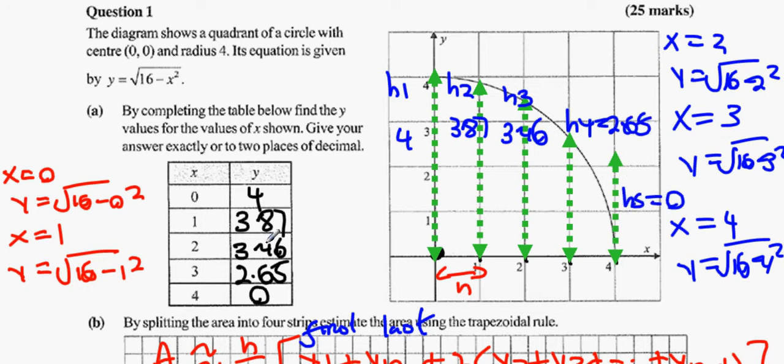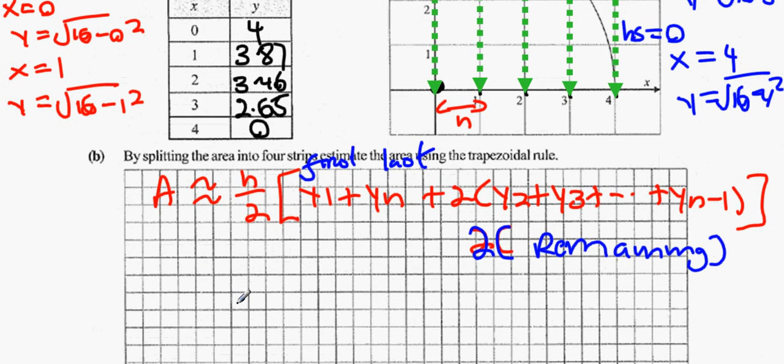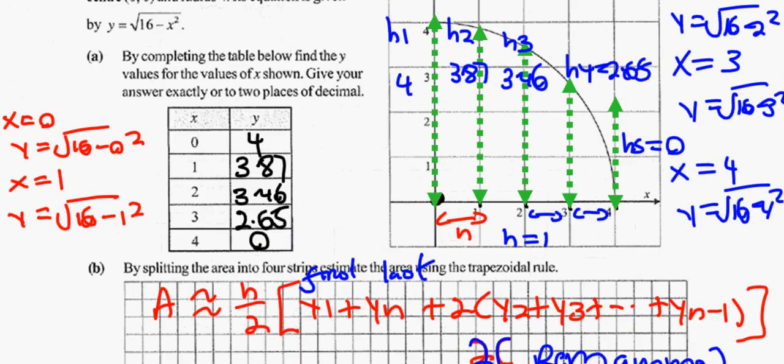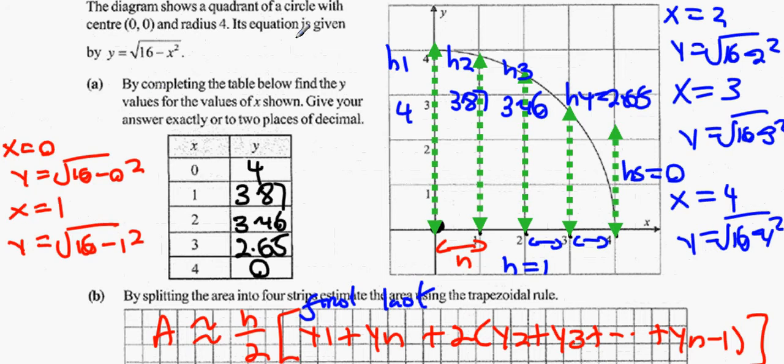Remember, the h value equals 1 because there's a gap of 1 between each one here, so it's going to be 1 over 2. Excuse me guys, these are all y's, not h's: y1, y2, y3, y4, y5.